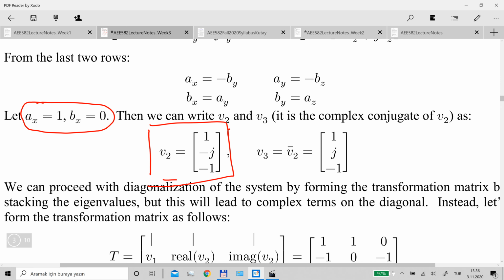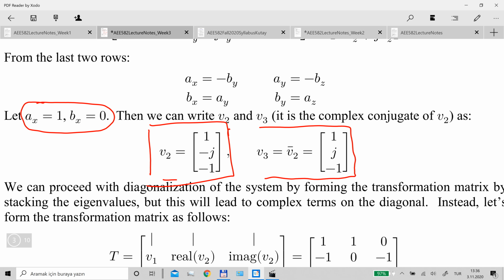It has negative j in the middle, positive 1 in the first location, and minus 1 in the last row. As I just explained above, the third eigenvector will be the complex conjugate of that, which is this eigenvector. So now we have the three eigenvectors found for this system.